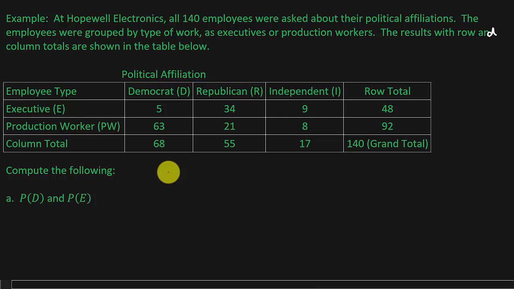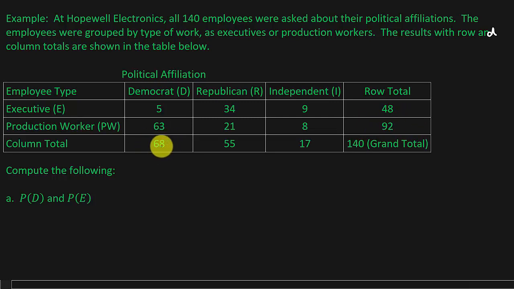We've got Democrats, Republicans, Independents, and executives and production workers. What this chart means is 5 executives are Democrats, 34 are Republican, and 9 are Independent, for a total of 48 executives. And of the production workers, 63 are Democrat, 21 Republican, 8 Independent, and there's a total of 92 production workers.